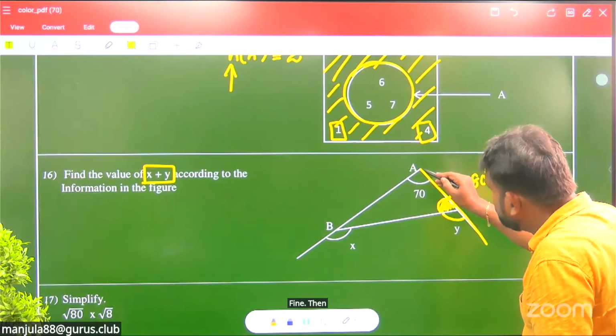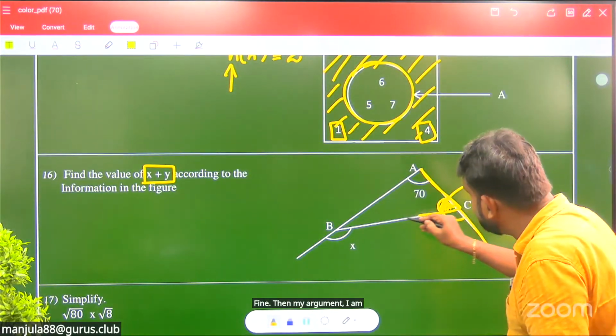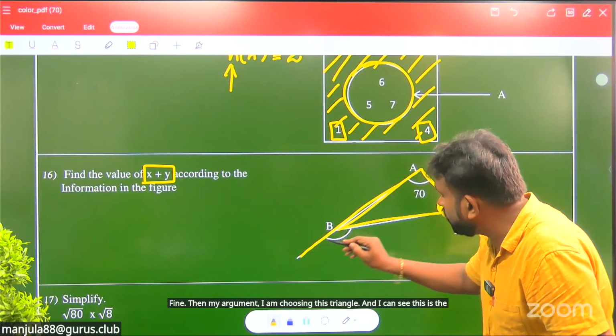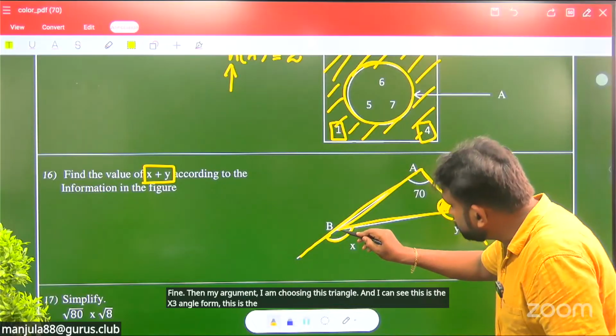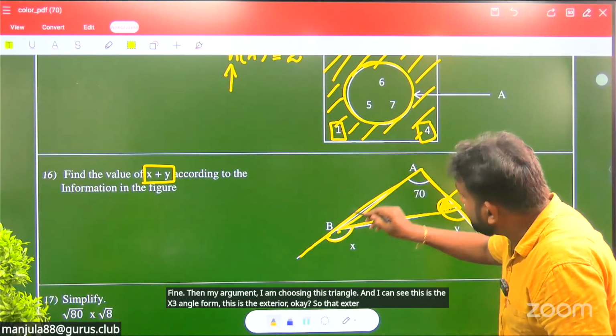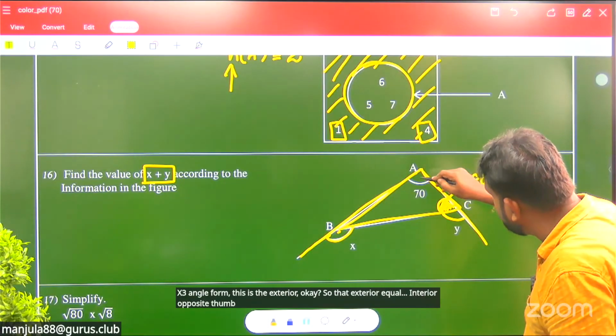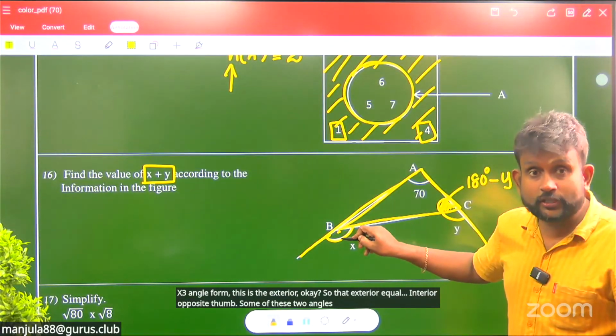Then for my argument, I am choosing this triangle and I can see this is the exterior angle. This is the exterior, okay? So the exterior equals the sum of the interior opposite angles. The sum of these two angles equals the exterior here.